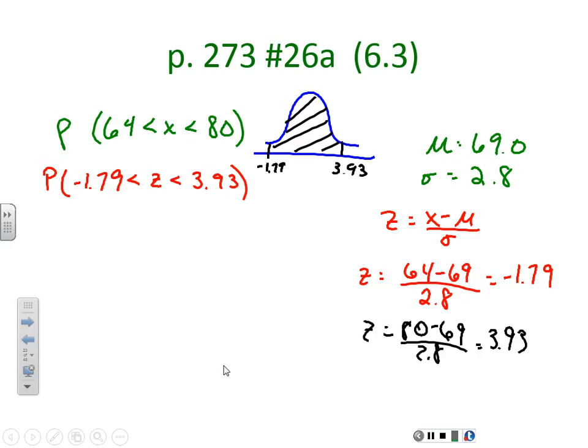Anytime you get a z-score above 3.50, you're just going to use the 0.9999. And then the negative 1.79 is giving me the 0.0367. So when we take that 0.9999 minus the 0.0367, you should be getting the 0.9632.